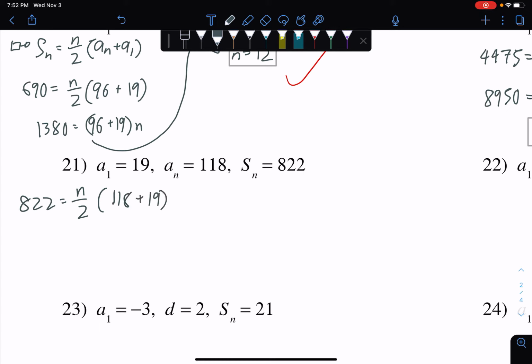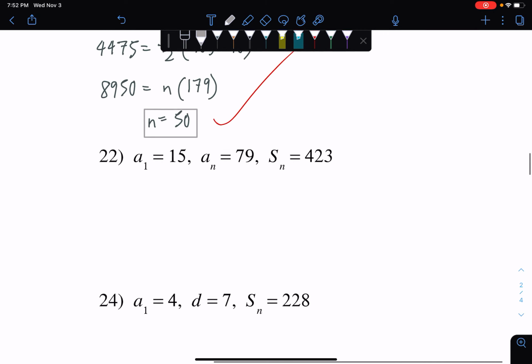We multiply both sides by 2. 822 times 2 is 1644. 118 plus 19 is 137. Multiplied by n, we get 137n. 1644 divided by 137 is 12. Therefore, our n is equal to 12.